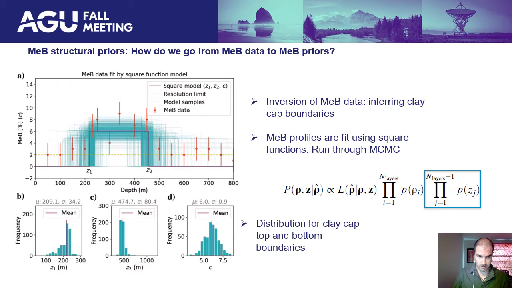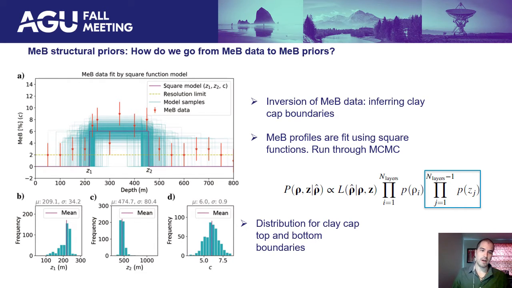The square functions are the ones shown in cyan here. The parameters that define the square functions are the top of the square and the bottom of the square, and we assume those as indicative of the most probable location for the top and the bottom boundaries of the clay cap.